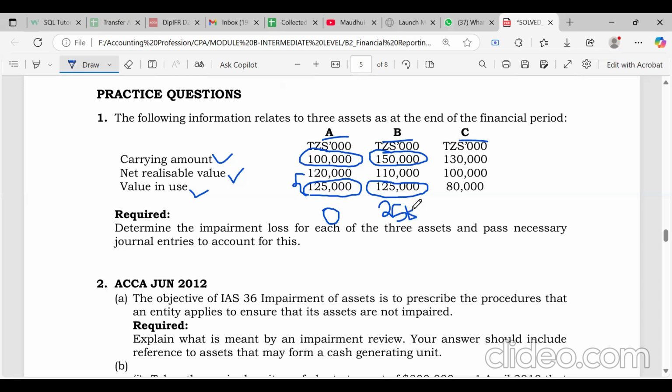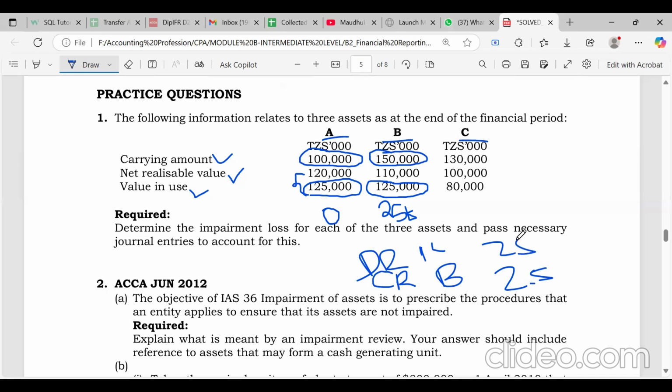Okay, this is good. What would be the double entry? You know that our asset has fallen by 25. So I credit asset B by 25, and I debit profit or loss by 25, the impairment loss.